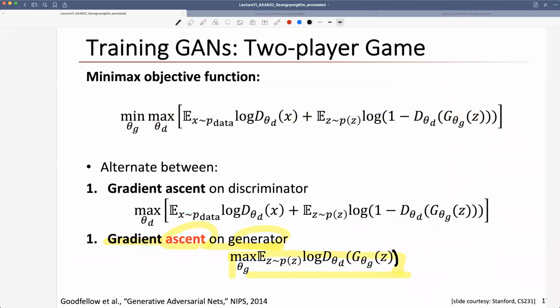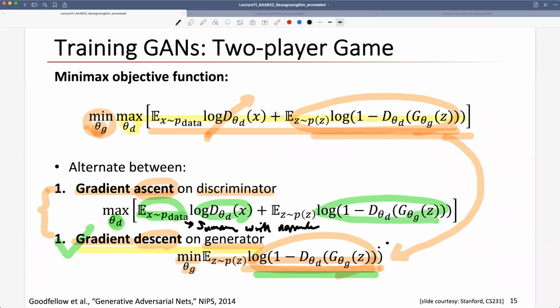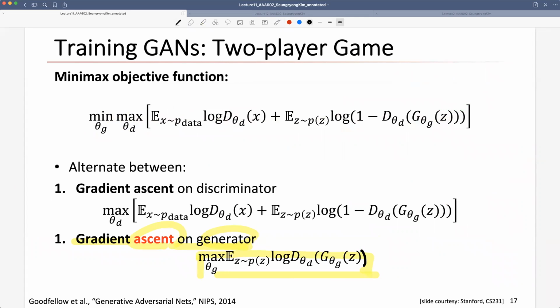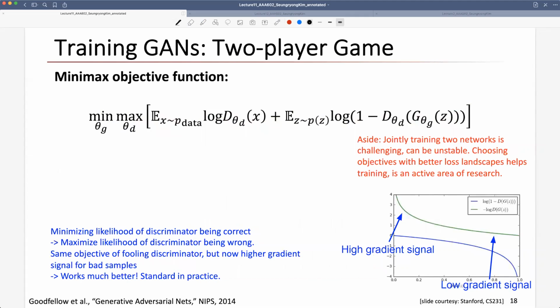Instead of using this term log(1 - x), now we used just the log function with the maximum problem. Let's think about why.